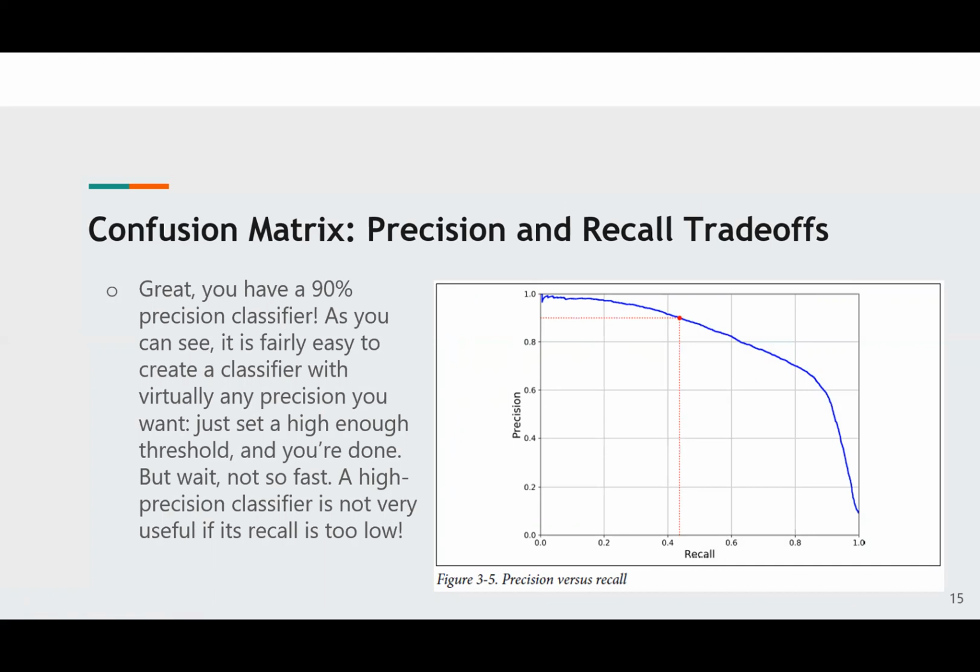Great, you have found a 90% precision classifier. As you can see, it is fairly easy to create a classifier with virtually any precision you want. Just set a high enough threshold and you are done. But wait, not so fast. A high precision classifier is not very useful if its recall is too low. So you have to be aware of what you are after and be able to evaluate how good your algorithm is.